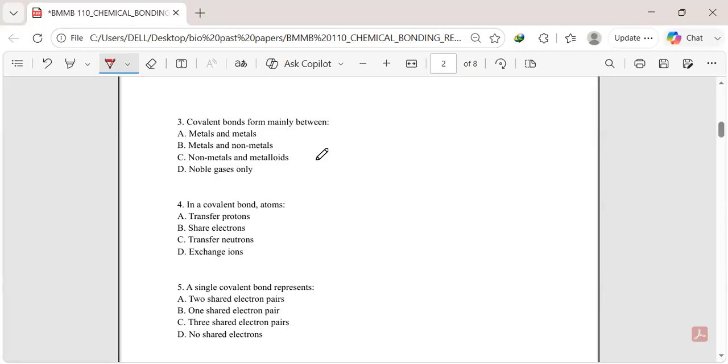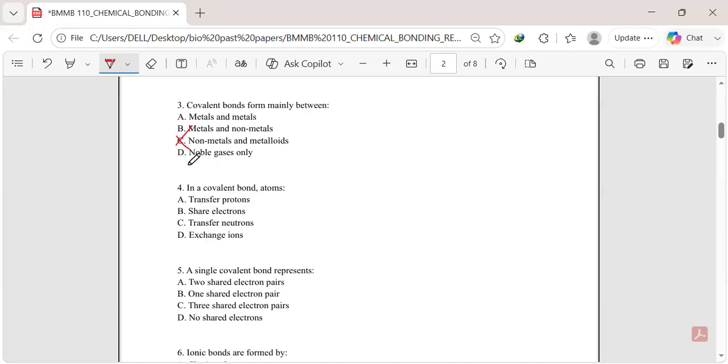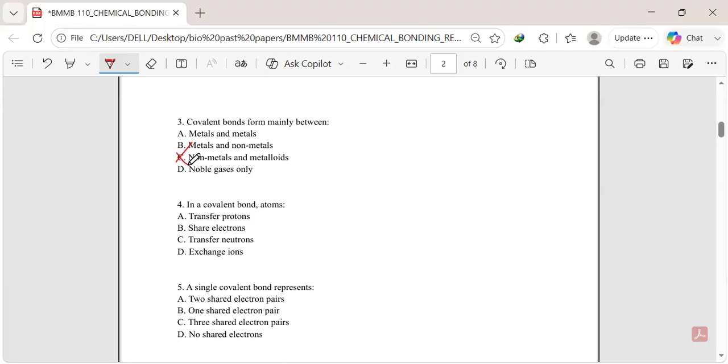Okay, so in such a case, you have things like a non-metal and a metalloid. So here the correct option will be a non-metal and a metalloid. Okay. So option A is describing a metallic bond.